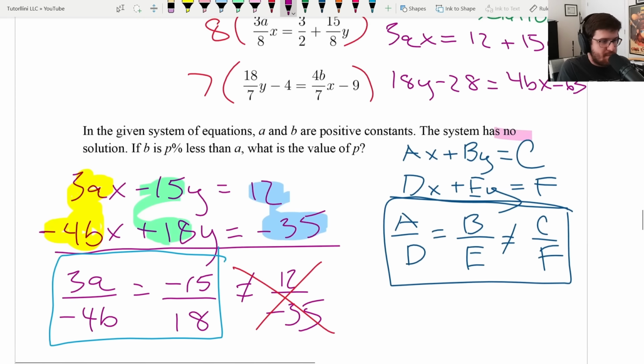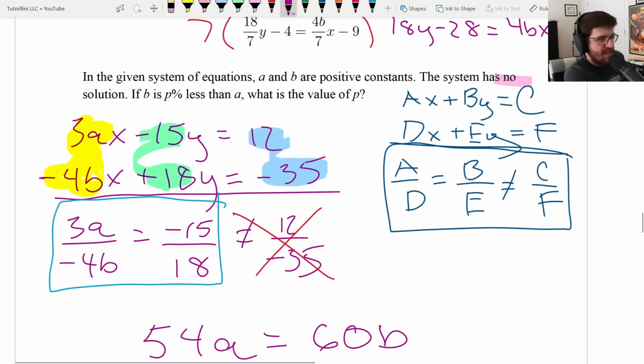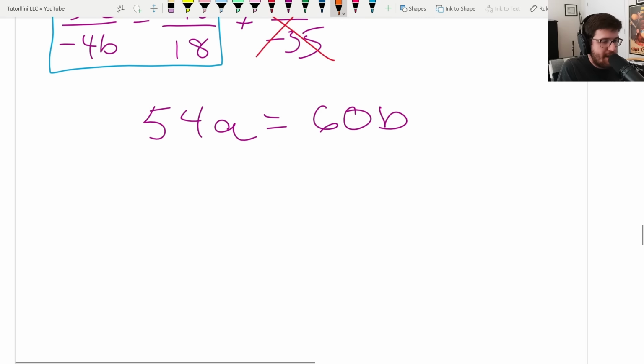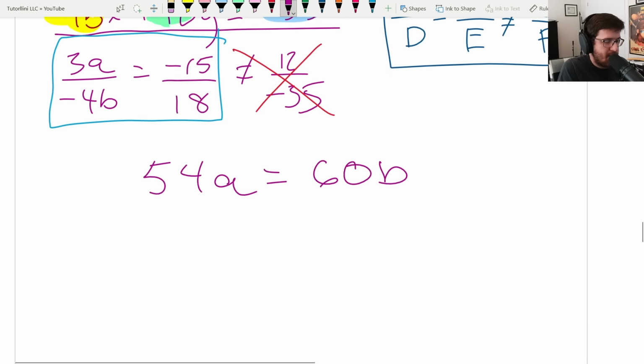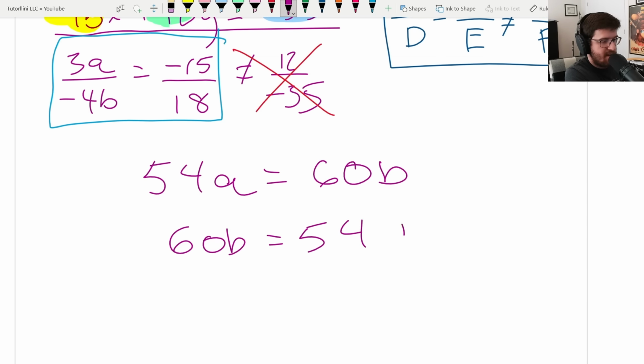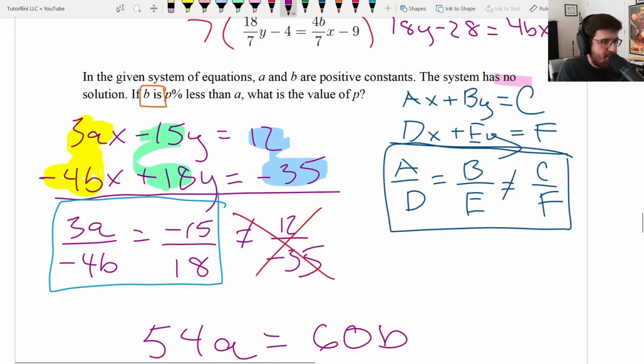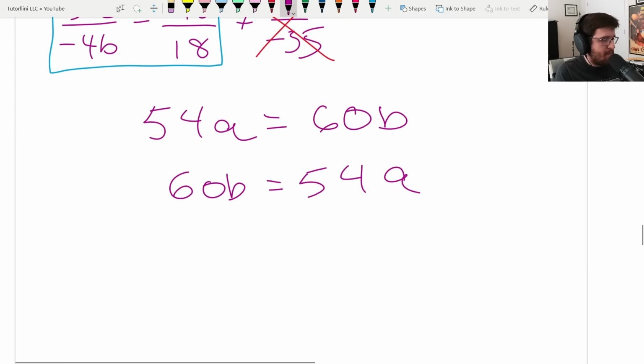Now I'm going to look at the second part of the question, where it says if b is... okay, so I want to get b by itself. First, let me just switch this around to make it easier to see what we're about to do. I want to get b by itself and then learn something about a. So to get b by itself, I'm going to divide both sides by 60.